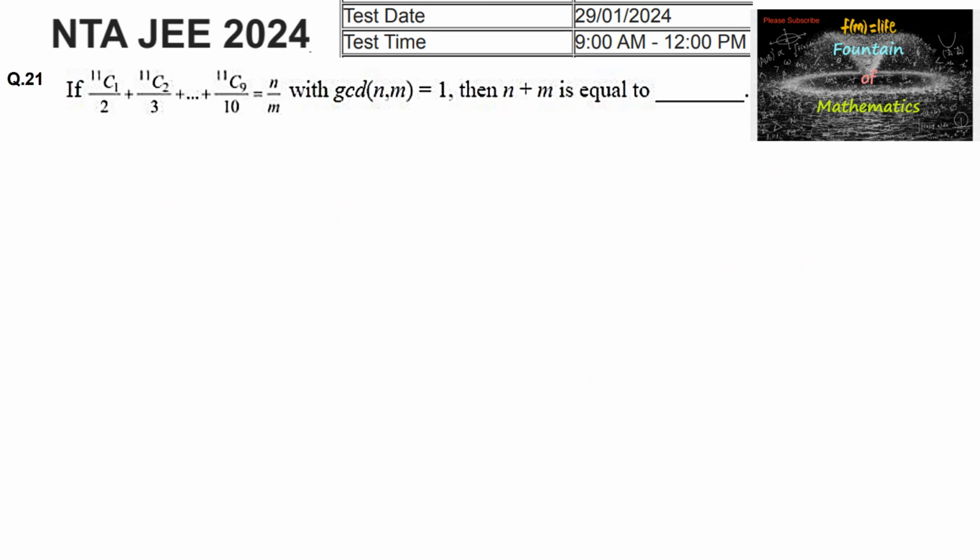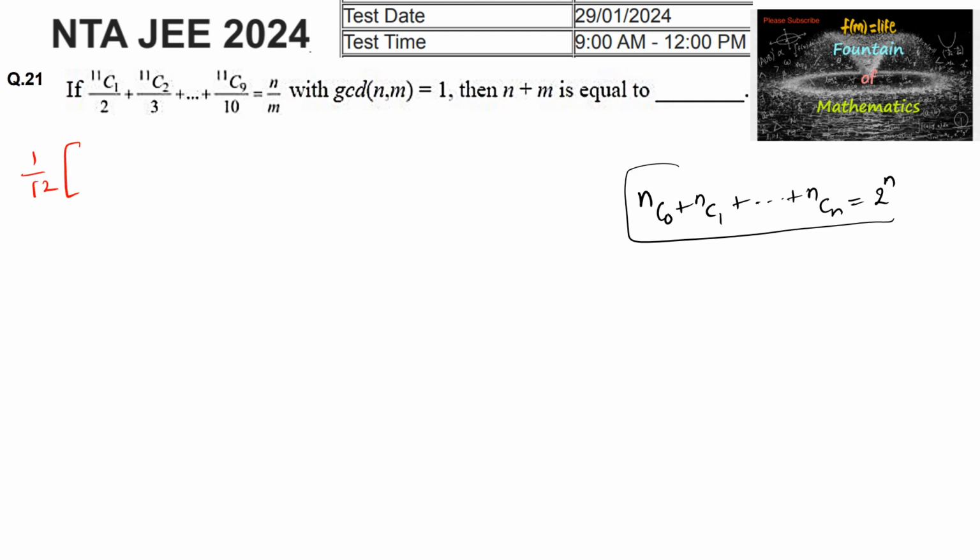And we know that nC0 + nC1 and so on up to nCn, the sum of the binomial coefficients, is 2 power n. So here we can write 1/12 times (12C0 + 12C1 + 12C2 and so on up to 12C12).